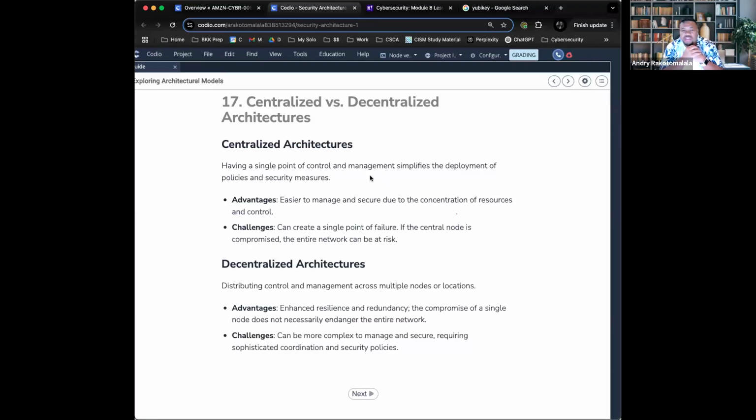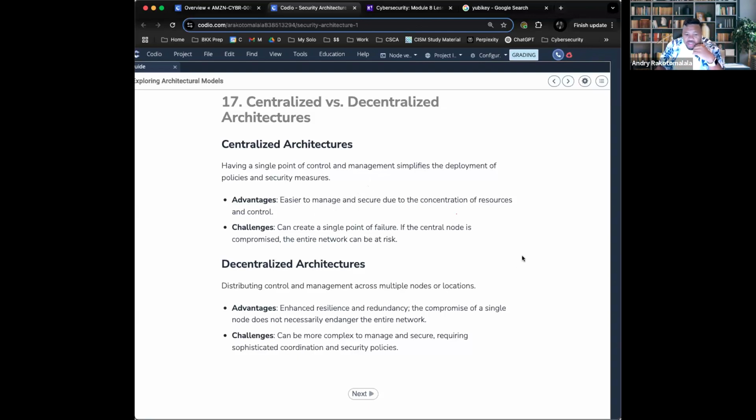Now, this is a double-edged sword though, because if you have one device that controls everything and that device fails, then that is what we call a single point of failure or a bottleneck. If that one element fails, then everything else fails, okay? So you have to keep that in mind when looking at centralized architecture. Sure, it's easier, but single point of failure.